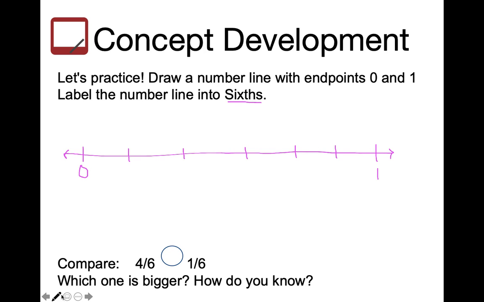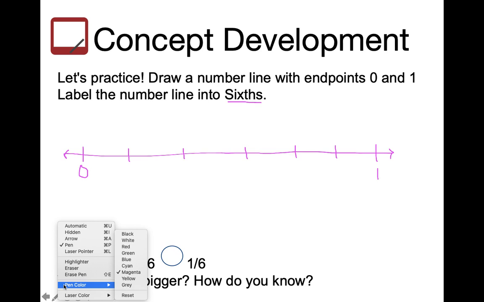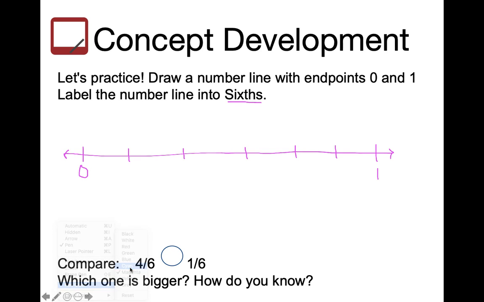Now we're going to label all of our fractions, and I'm going to use just a different color so we don't get confused. Okay, so this one is going to be 0/6. The next one is 1/6.